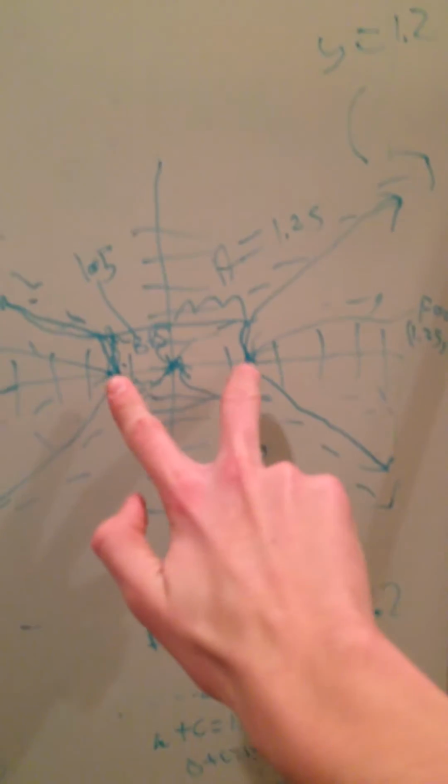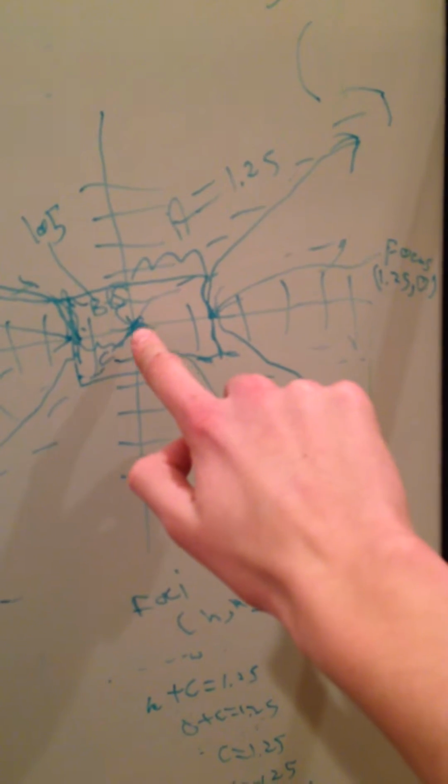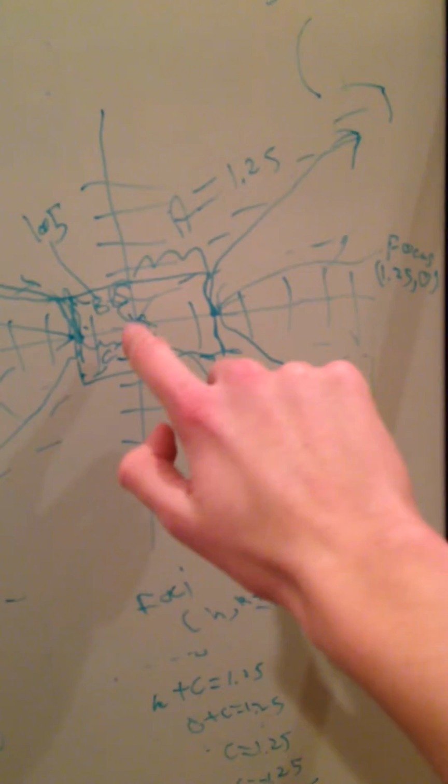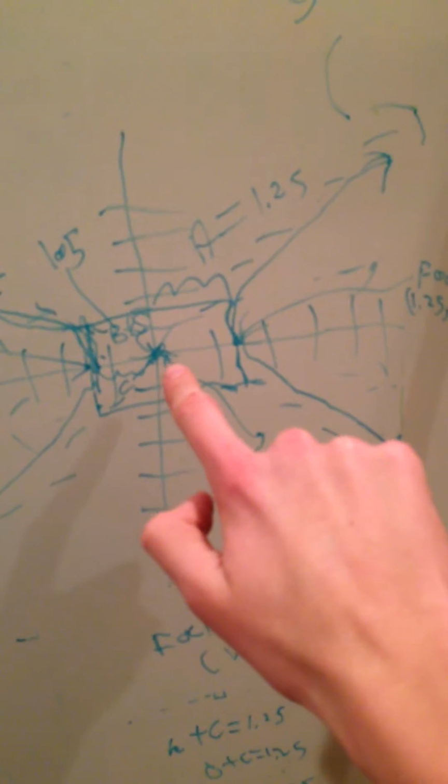So here's the first foci, here's the second foci, and the middle here is the center, and that is point 0, 0. So the center is halfway in between the foci.